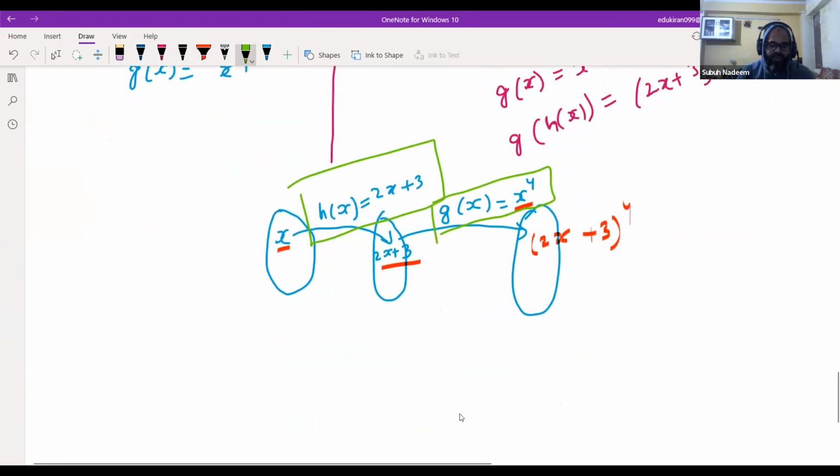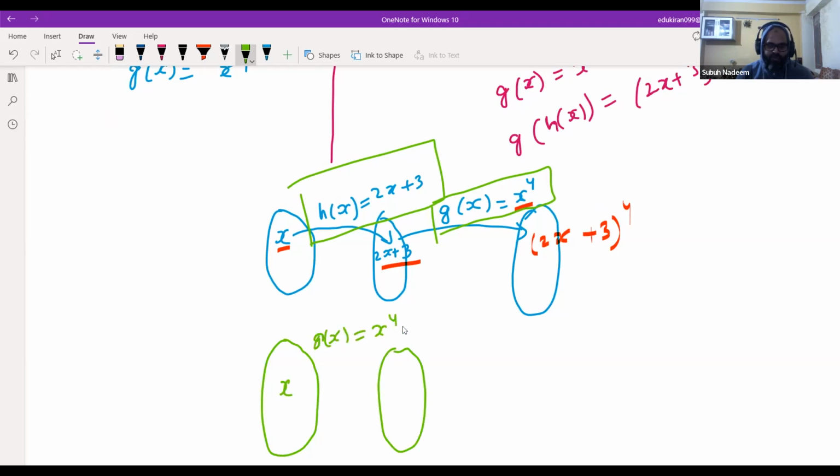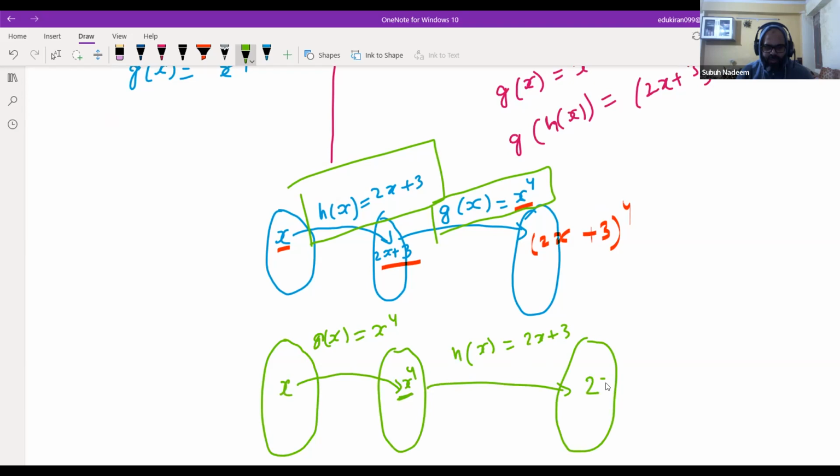If we do it the reverse way to help you understand, suppose x is the input and first the function g(x) is acting, where g(x) equals x to the power 4. So you get x raised to the power 4. Then the function h(x), which is 2x plus 3, acts, and now the input is x to the power 4, so it becomes 2x to the power 4 plus 3.